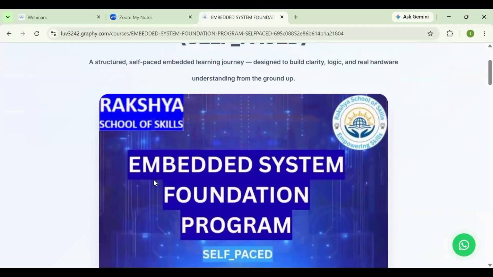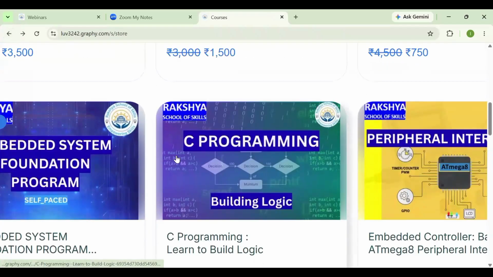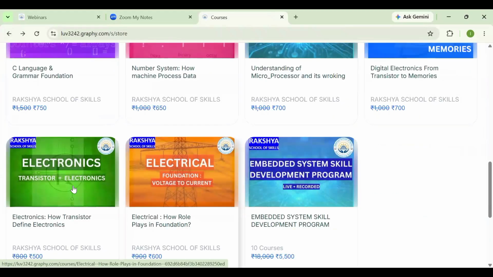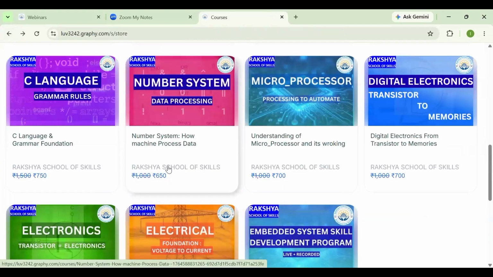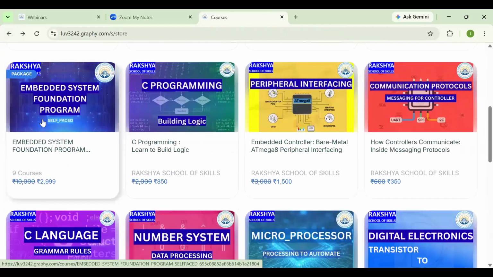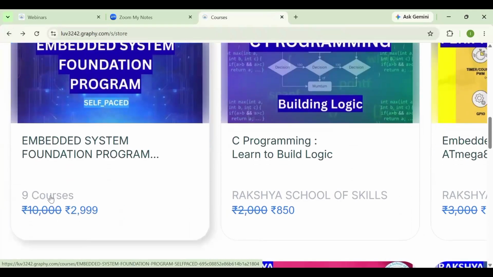It consists of 9 courses. These are all individual courses, such as electrical and electronics, and buying them individually would cost you more. That is why we have put all these courses into one package, which you can see written on the top of the screen.